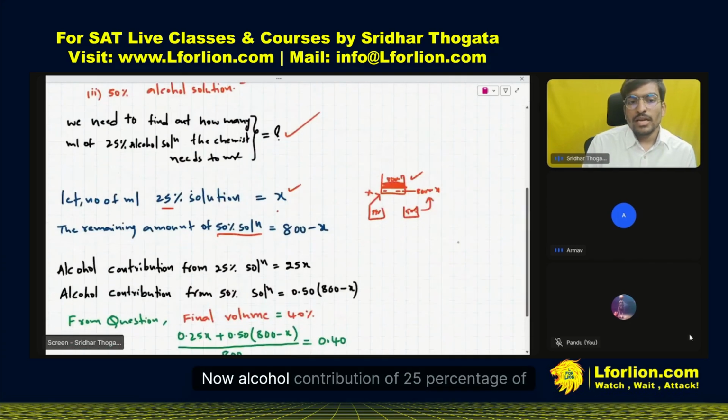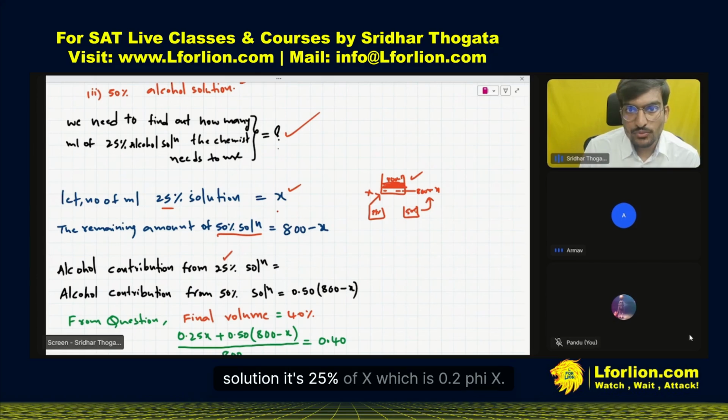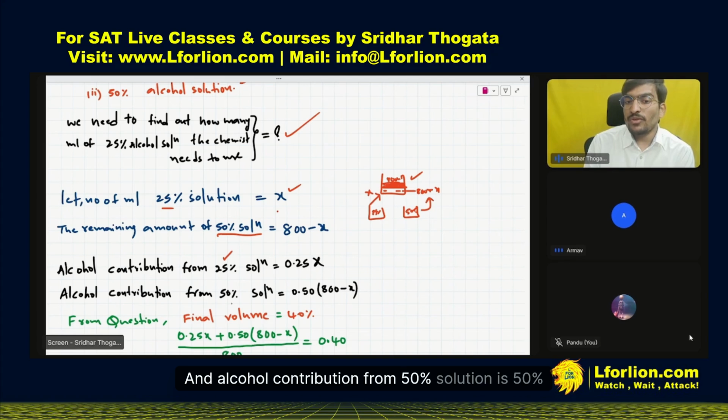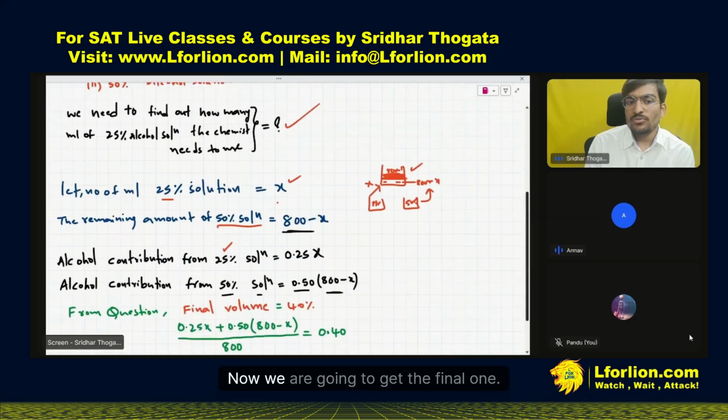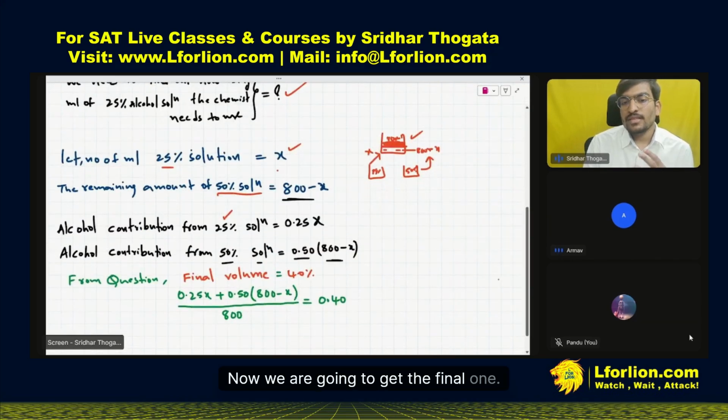Now, the alcohol contribution of the 25% solution is 25% of X, which is 0.25X. The alcohol contribution from the 50% solution is 50% of that amount, which will be 0.50 into 800 minus X. Now we are going to get the final one.